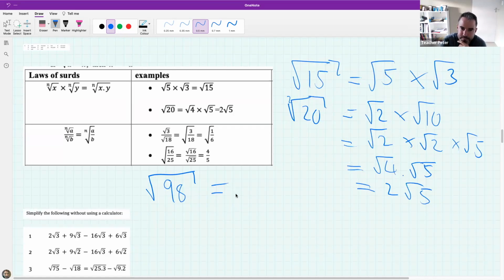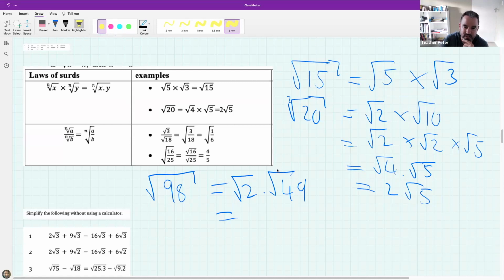Yep. So Amy has suggested that we do that, and in which case this is a nice perfect square. And so we can say that that is 7 root 2. So it simplifies down to that.